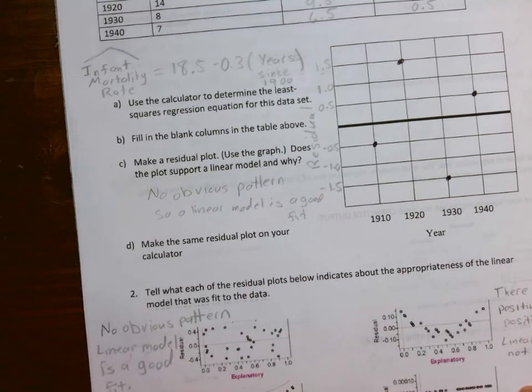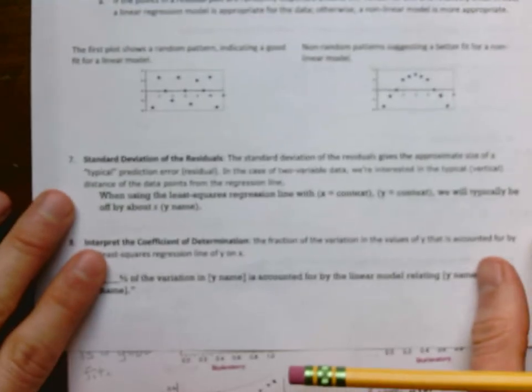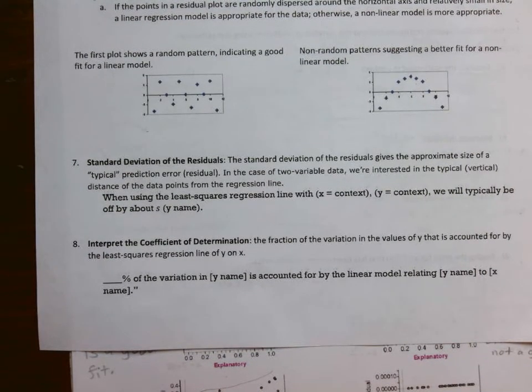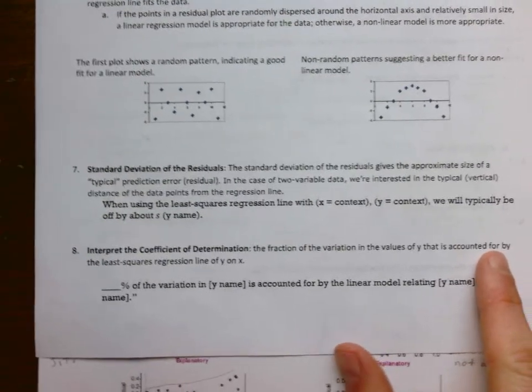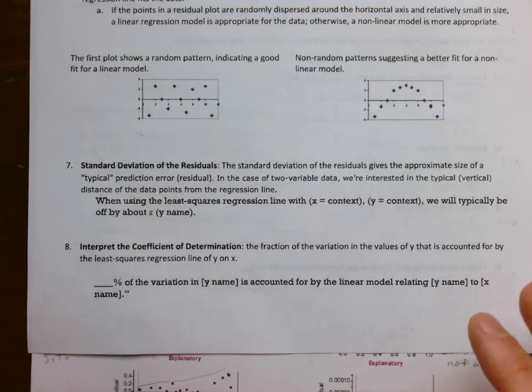Going back to that other page for a minute, at the bottom there we had 2 more vocabulary terms. So 7 and 8 are two more things that you will come across as you look at some of our features of our computations. One of them is the standard deviation of residuals.